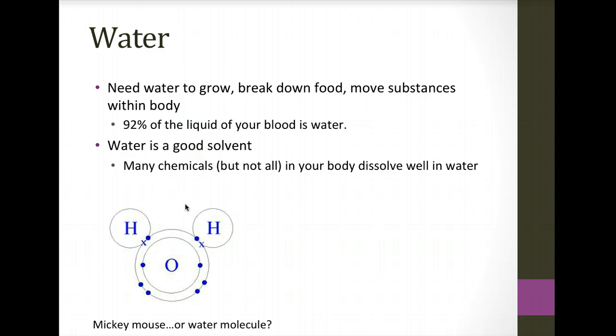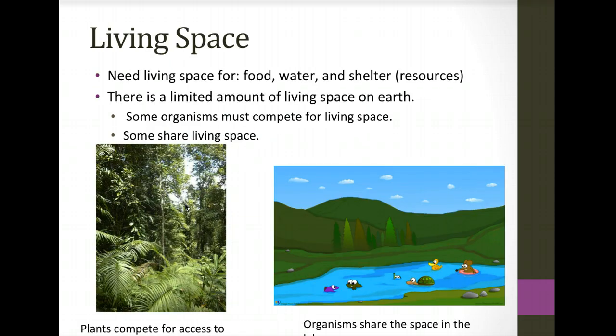All right, so next we're going to talk about living space and why is living space important, and why is it a need for all living things? Well, we all need shelter, we all need living space to grow food or to have food, living space for water. If you remember in your history classes, all early civilizations that got developed and the ones that survived, they always settled near some type of water source.